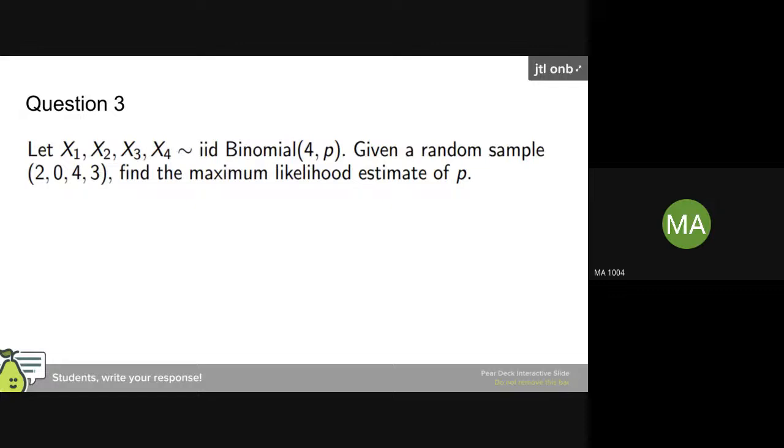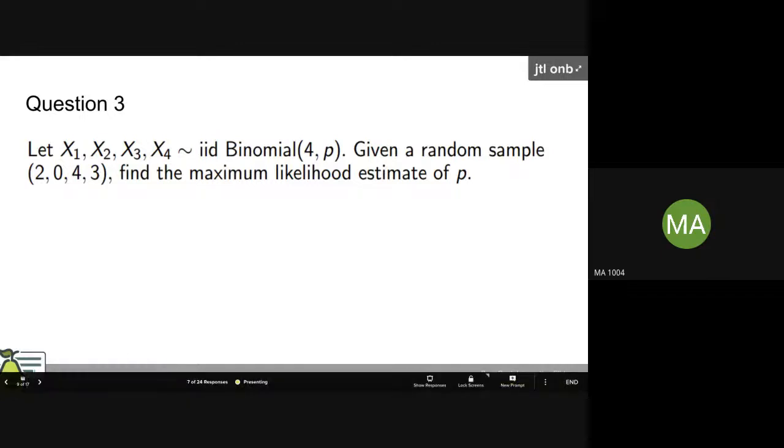Okay, only 7, and okay, 9. Then next, did you take the log or didn't you?